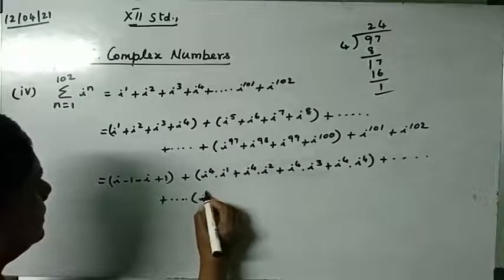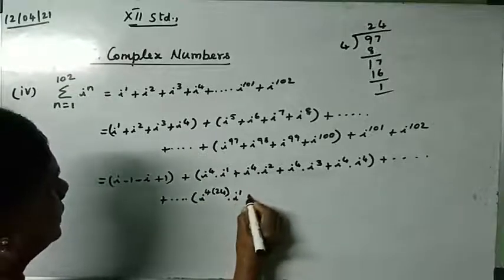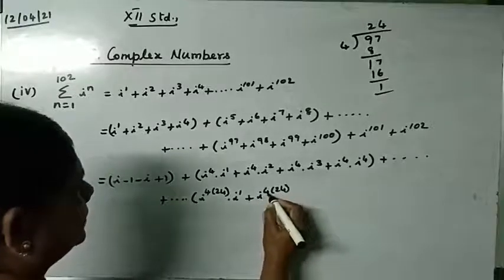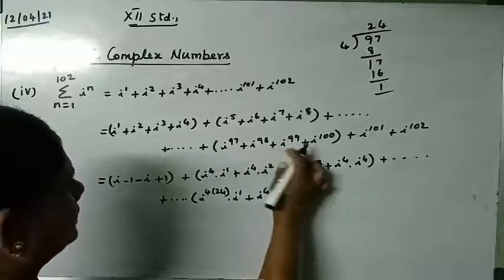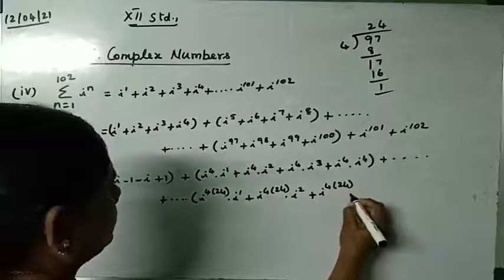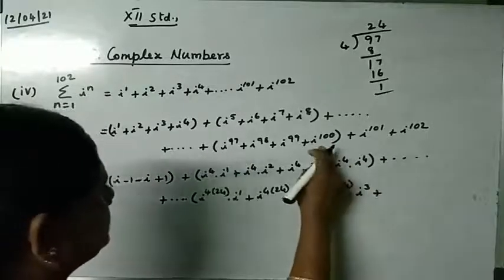So this can be written as i power 4 into 24 into i power 1, plus i power 4 into 24 into i power 2 எழுதலாம் 98. 98 எப்படி எழுதலாம்? i power 4 into 24 into i power 3 எழுதலாம். 100 எப்படி எழுதலாம்? 96 வரைக்கும் தான் வரும்.